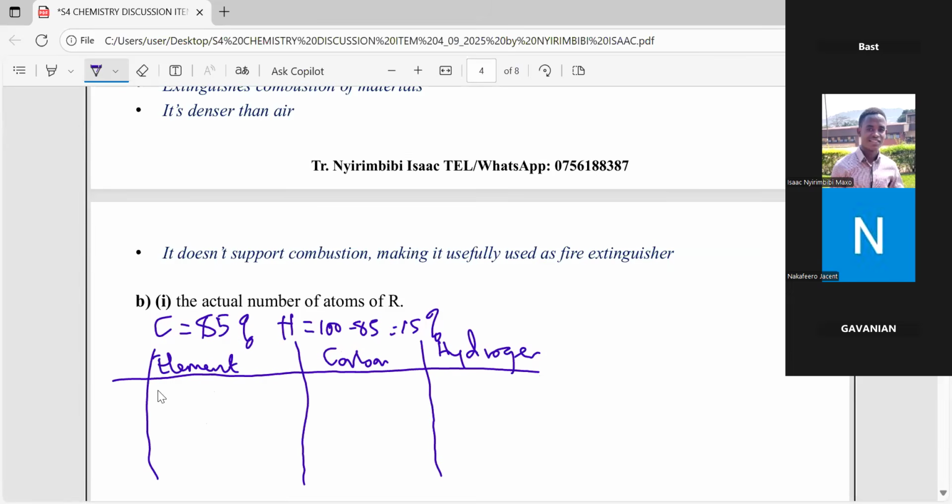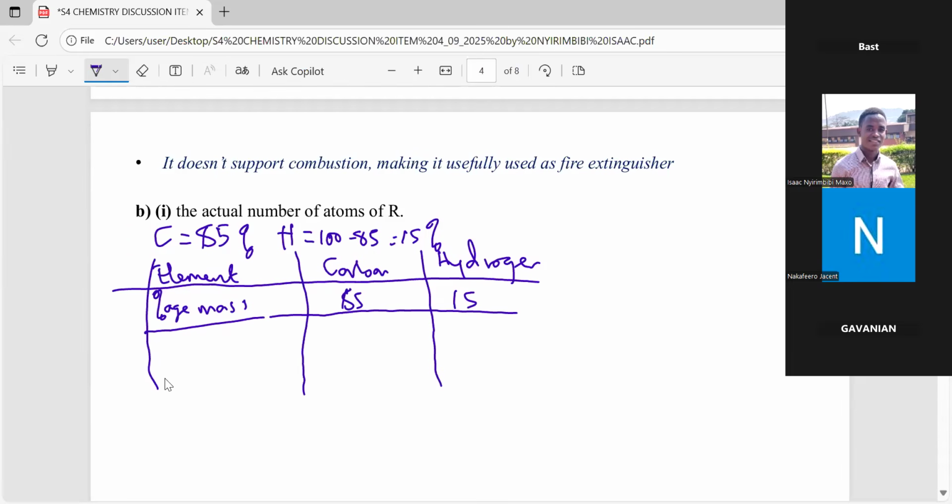Another thing, we shall get the percentage mass, whereby carbon is containing 85 and hydrogen is containing 15. Then another step is that we shall divide by the molar mass. What are we looking for? We want to get the moles.